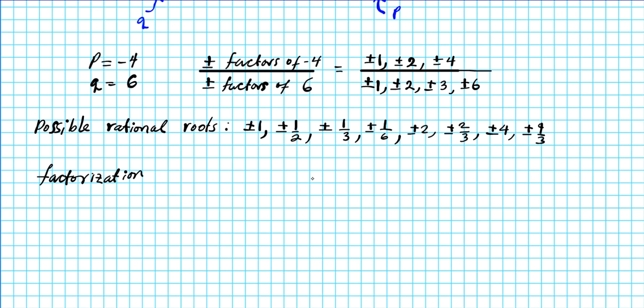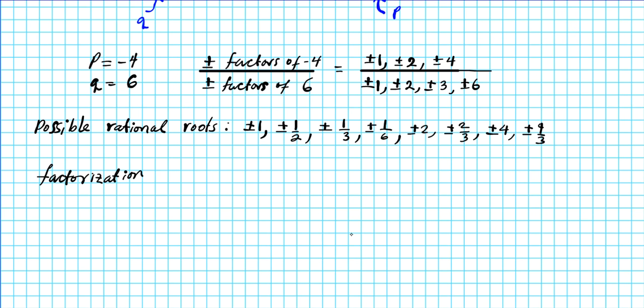So what does that mean? Well, we have to keep on testing and reducing our polynomial function until we end up with the complete factorization. Okay, so let's go ahead and pick a number and test it to see if it's a factor of the polynomial equation, and then we will continue from there.